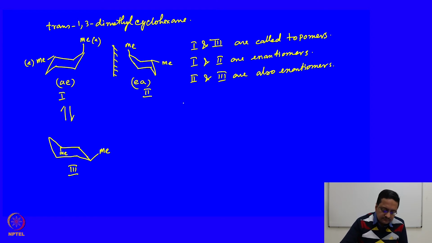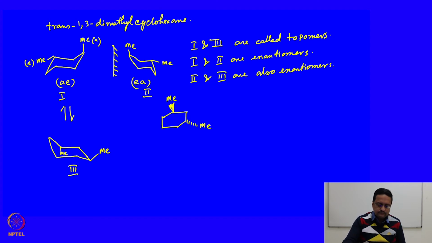And in the planar form, if we try to draw this trans 1,3, what we get is a C2 axis. Therefore, this molecule belongs to a point group C2.